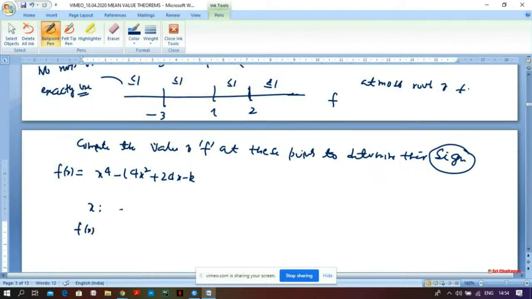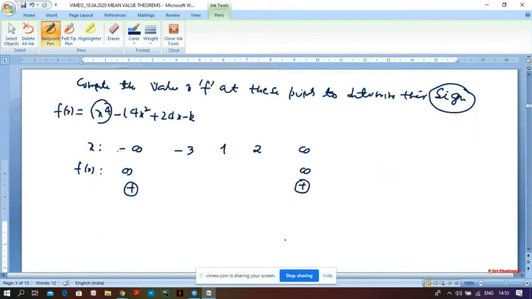So x: negative infinity, then negative 3, then 1, then 2, and then infinity. At negative infinity, the sign is determined only by the largest power, x to the 4. So this is infinity, positive. Here also infinity, so positive.